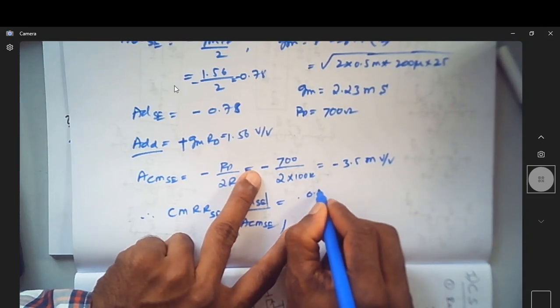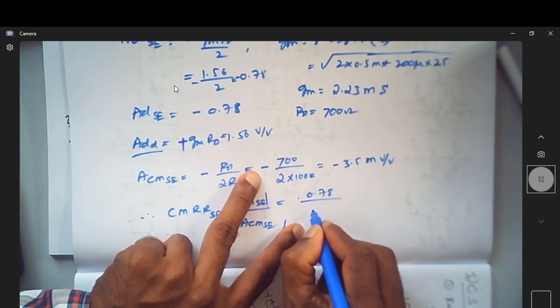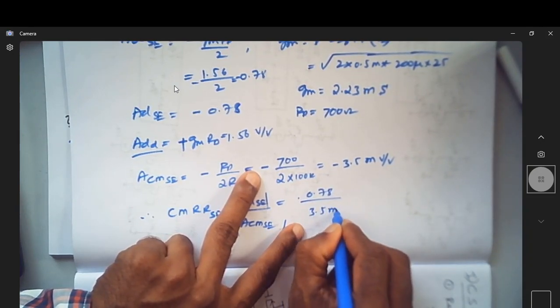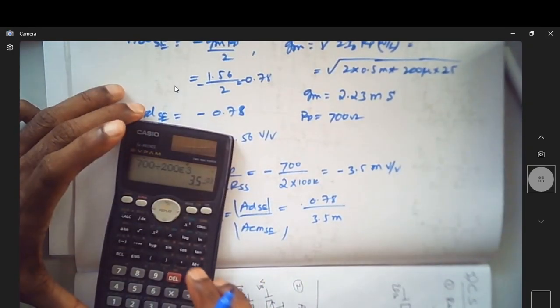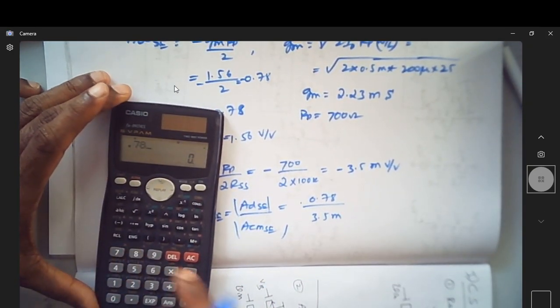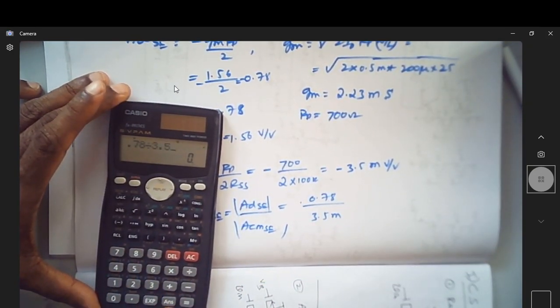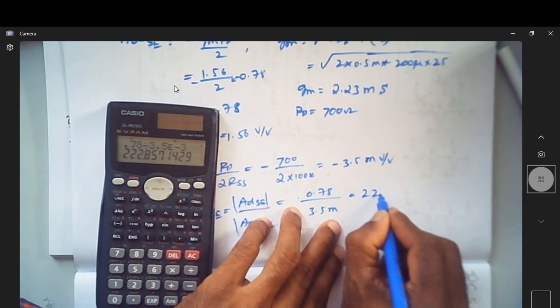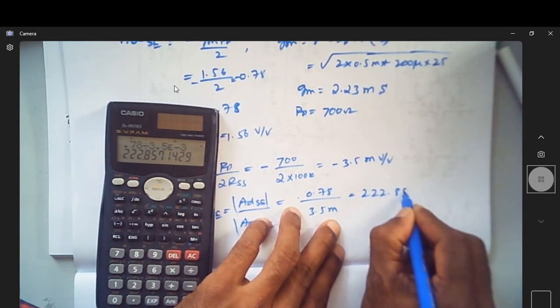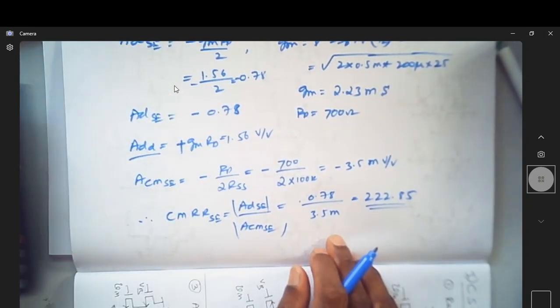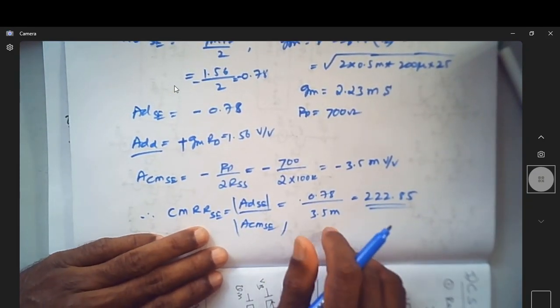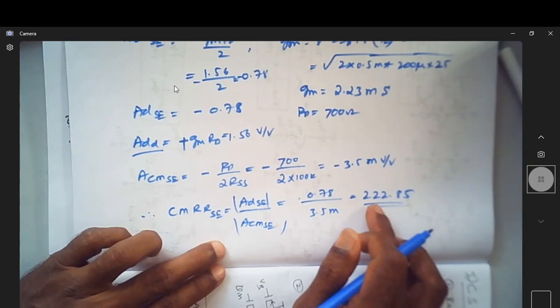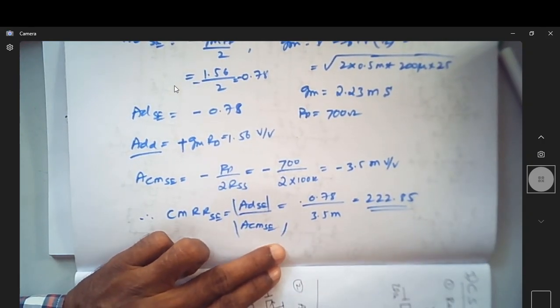It is 0.78 by 3.5 milli, so it will be 0.78 divided by 3.5 exponential minus 3. You see it is 222.85 is the CMRR. So its capability of rejecting a common mode signal is 222 times.